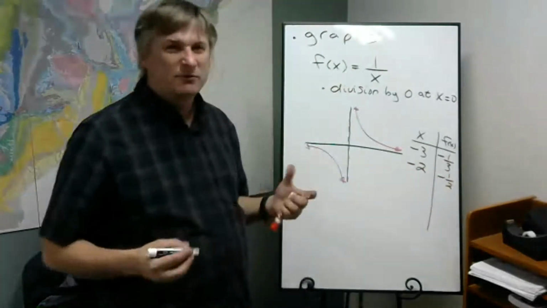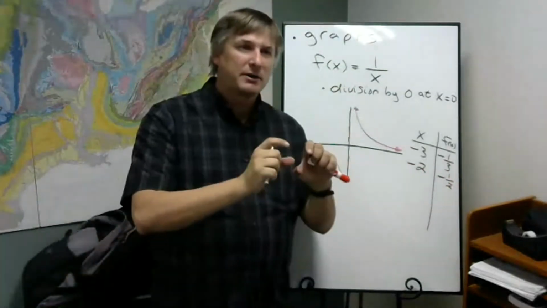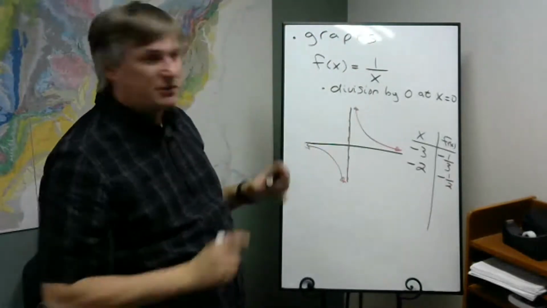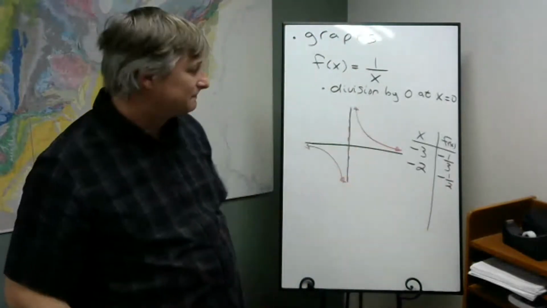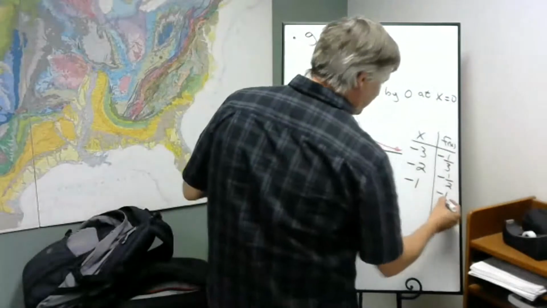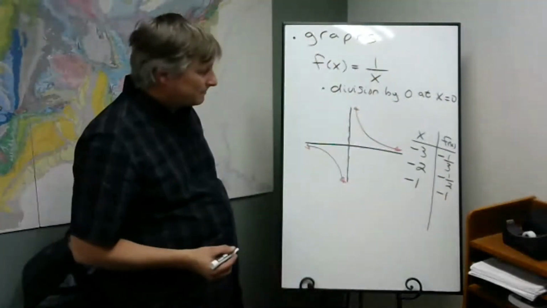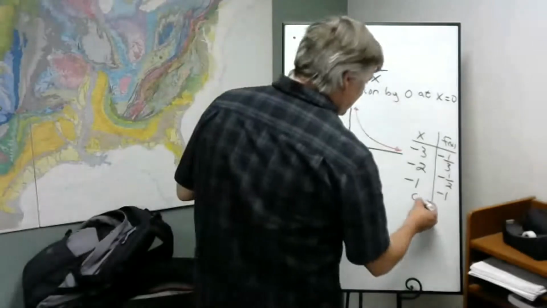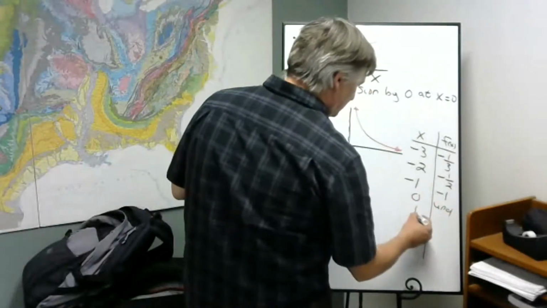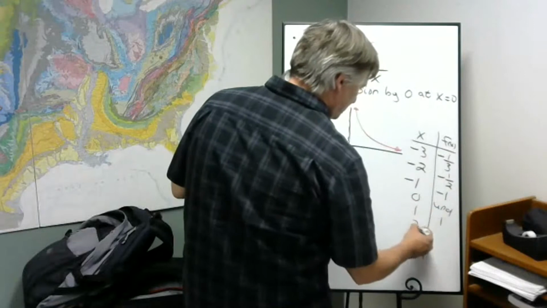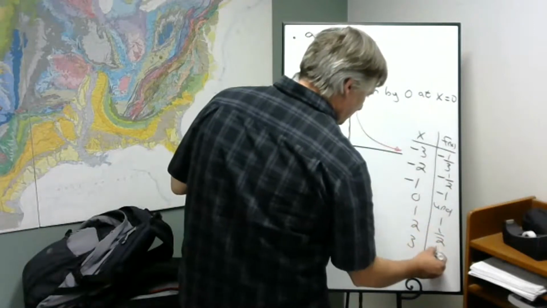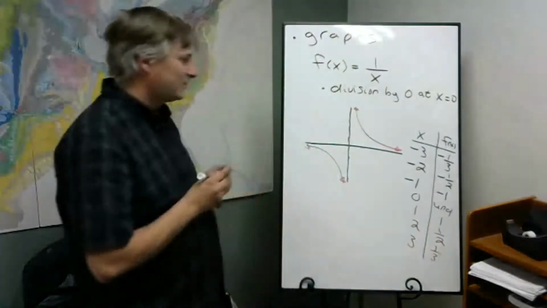Again, using that style with fractions where we move the negative from the bottom up to the top and then out in front. -1 will turn out to be 1 divided by -1 is -1. 0 is undefined. And then if you have 1, you'll get 1. 2, you'll get 1/2. 3, you'll get 1/3.